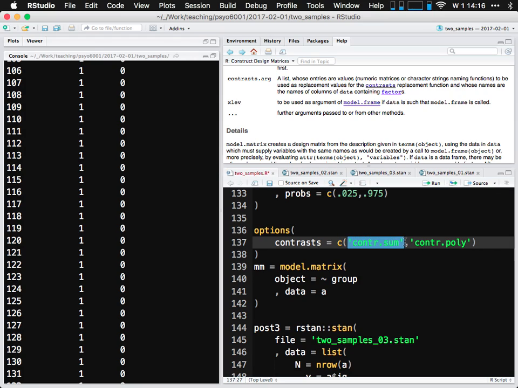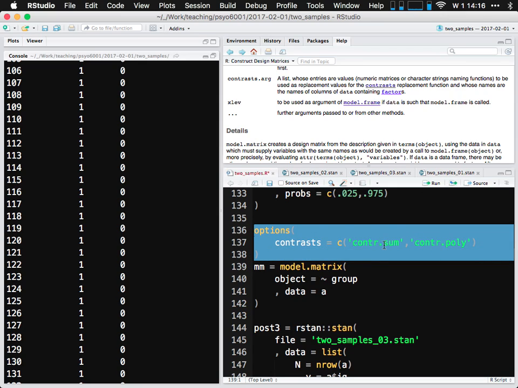What you put here defines what it does with categorical variables like group here, NS and BC. What you put here is what it does when you ask for things that are polynomial contrasts. We won't ever use them, but it requires you to put that there. You can't just tell it to put just contrast sum.